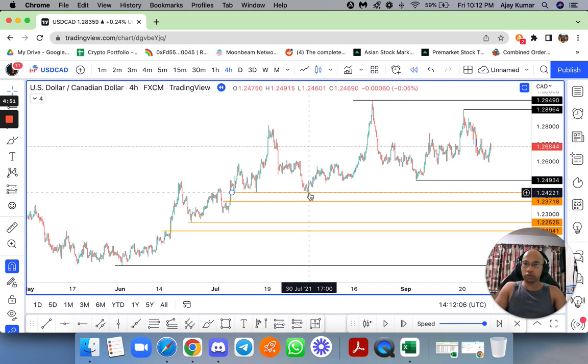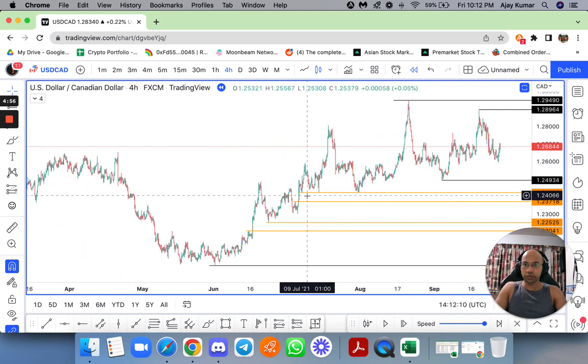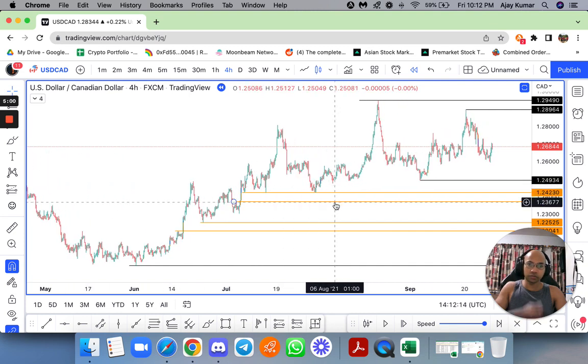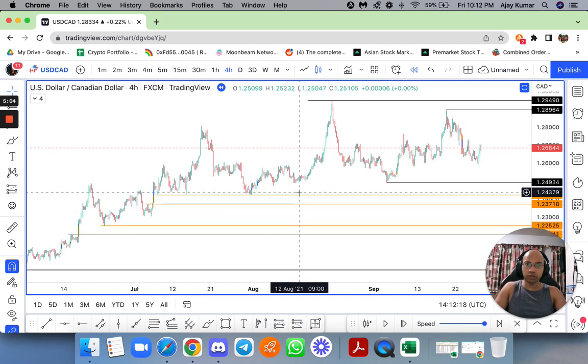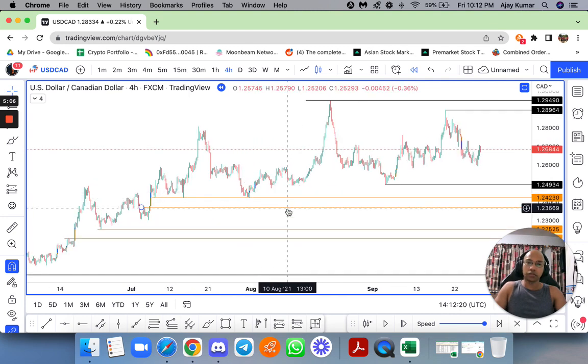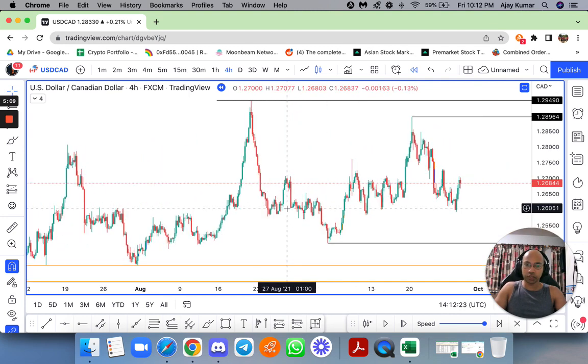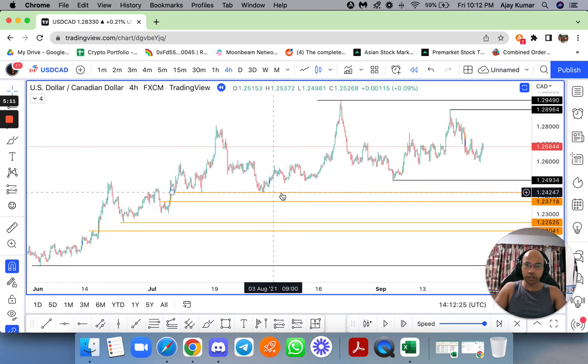I think that will be fair enough. This seems like a key level, and if price breaks this one and closes below it, I feel like we'll shift to shorts. Okay, so that is the first orange line.